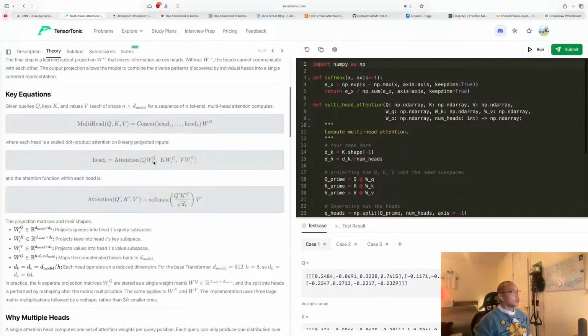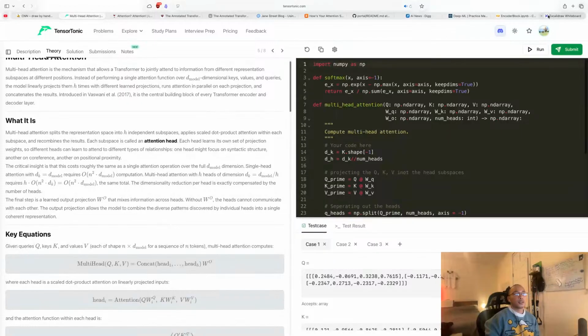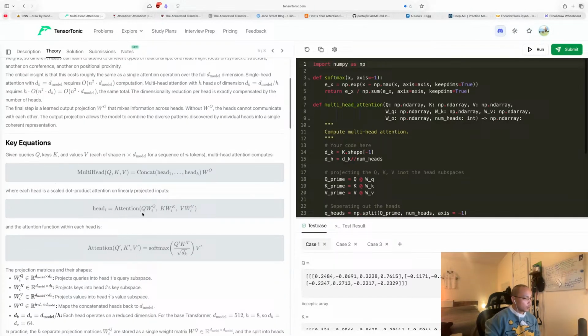So you apply the query matrix and the key matrix again to the weights of the query matrix again to the query. That is, so wouldn't this be just like the subspace would just be like weight squared, weight of query squared.